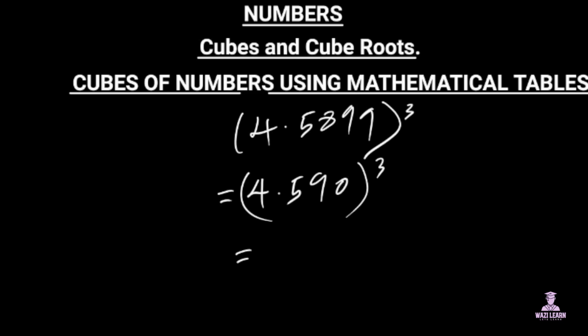So it will be 4.5, and then you move across to where it intersects with 9. So it will intersect with 9 at 96.70. And then since this one is 0, you are not required to add anything. So that one is our answer. So that is our lesson on finding cubes of numbers using the mathematical table, where the numbers fall between 0 and 10.